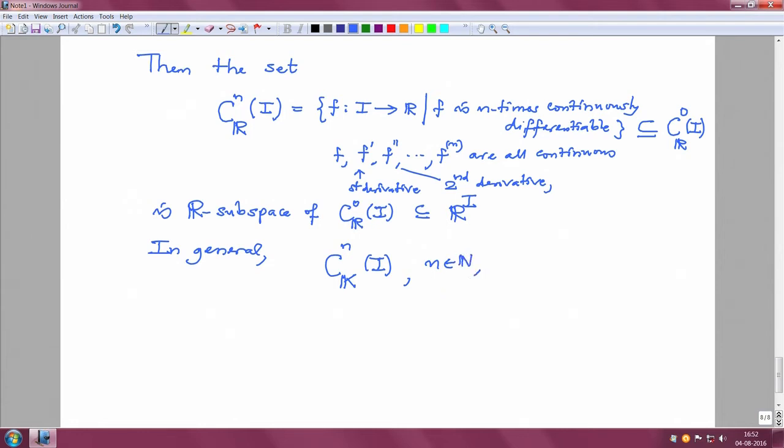This forms a descending chain of K subspaces.